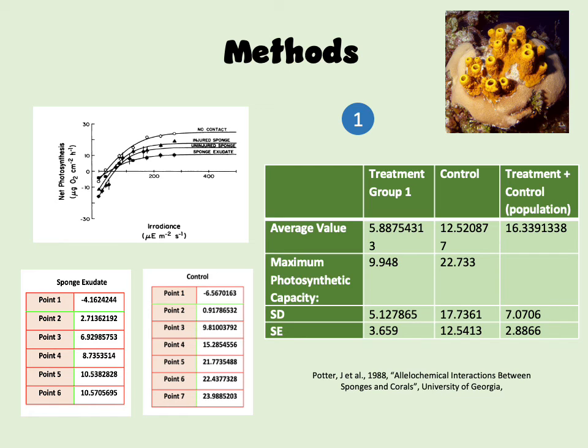And from that, I calculated the average value for each group as well as both groups together as a population. And I also took the average maximum photosynthetic capacity of the last 3 points so that I could see where this curve kind of balanced off and where they got most of their photosynthesis from. And I was able also to calculate standard deviations and errors so that I could look at the distribution of the data.